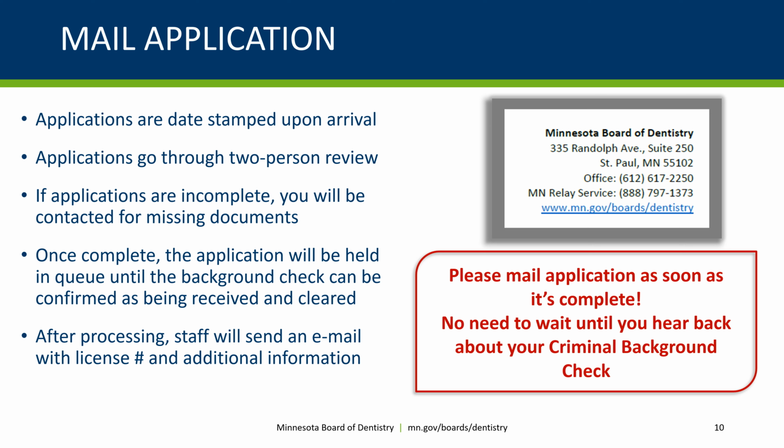When your application is deemed complete, it will be held in a queue until the criminal background check is confirmed as being received and cleared. Once that is received, the staff will finish processing the application and issue a license number. You will then receive an email informing you of your new license number, along with additional information.